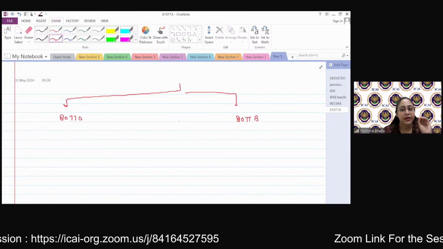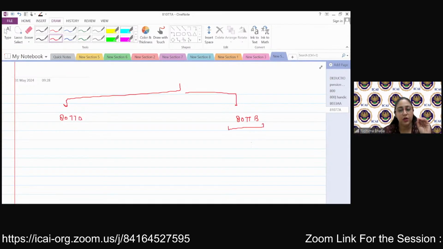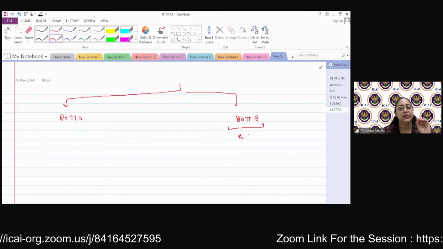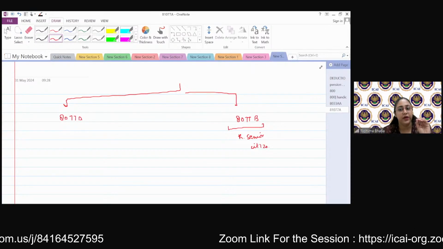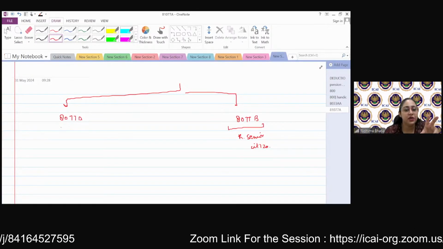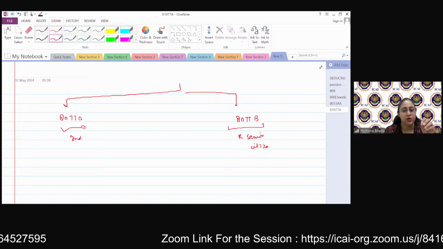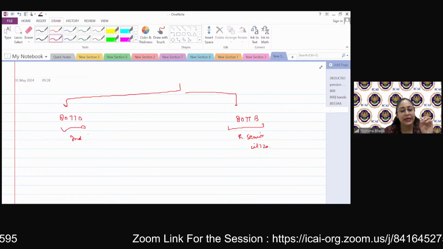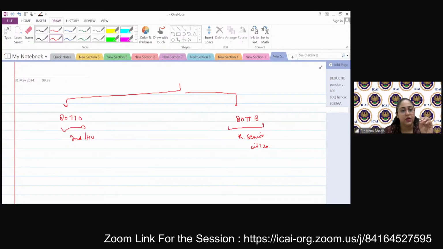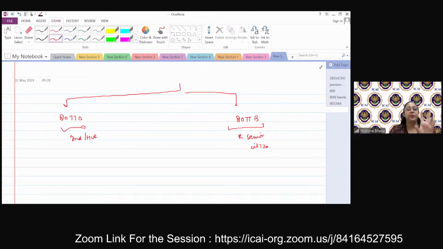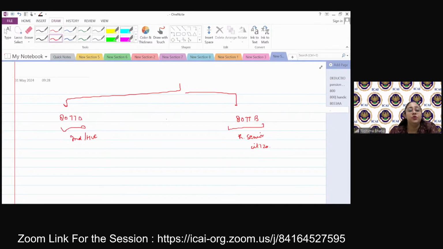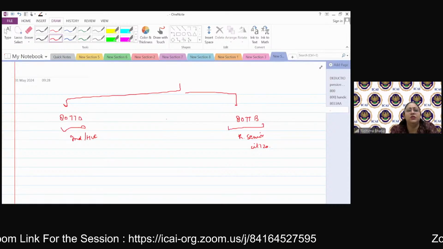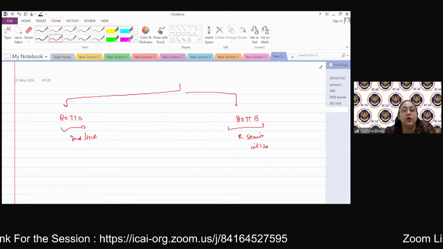First of all, 80TTB is only for a resident senior citizen, not for everyone. While on the other hand, any individual, or HUF in fact, other than a resident senior citizen can claim 80TTA. Now, what type of deduction do these two sections cover?